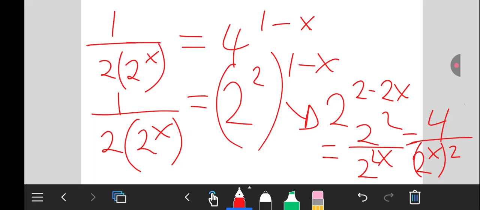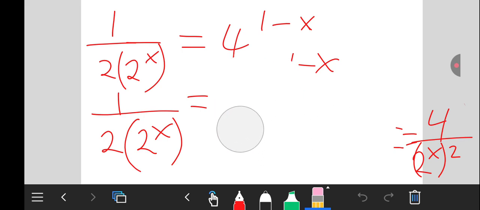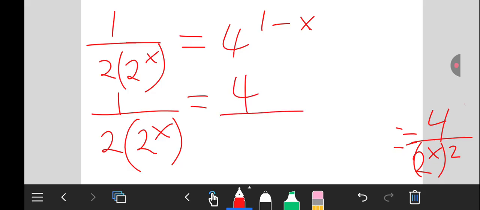So this is what I have. Let's remove this part. So I can even substitute from here because I've evaluated this. So this is 4 over 2 to the power x raised to the power 2.